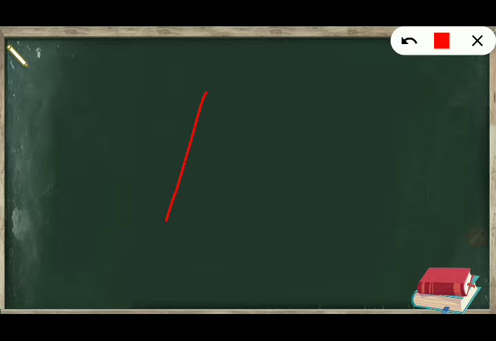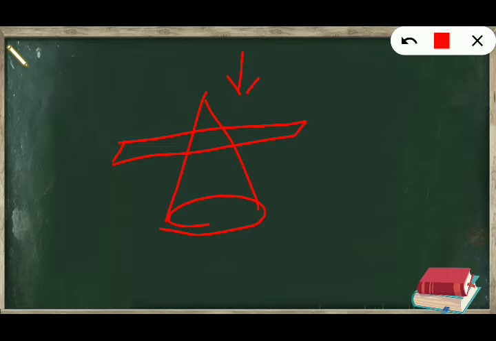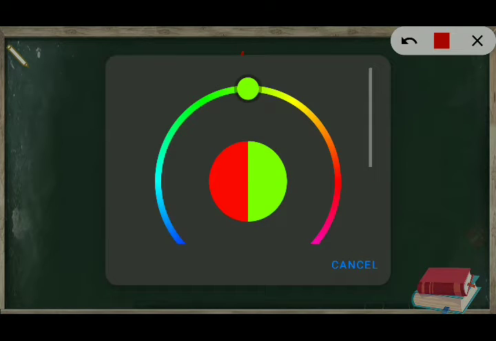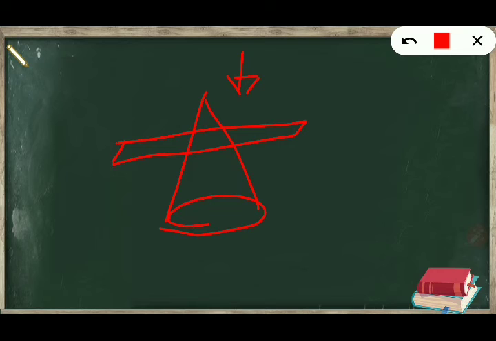Suppose there is a mathematical, geometrical 3D object, which is a cone. If you take a straight plane and cut this cone, then viewing from the top, you can see a circle.